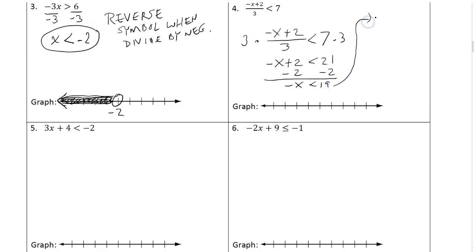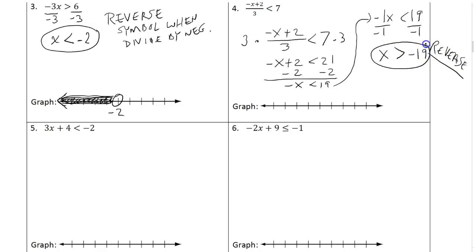The last step, however, is to divide by a -1. When we divide by a negative number, we reverse the symbol. So our final answer is x is greater than -19. The solution is all numbers greater than -19. Now pause the video and try the last two examples yourself.